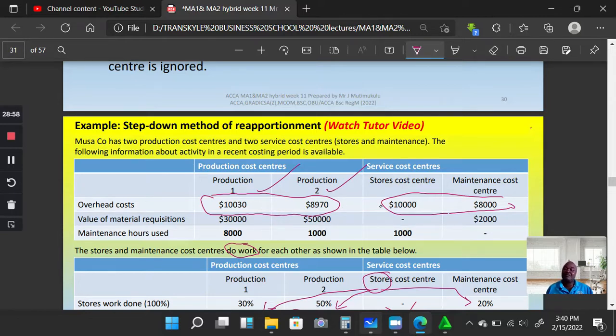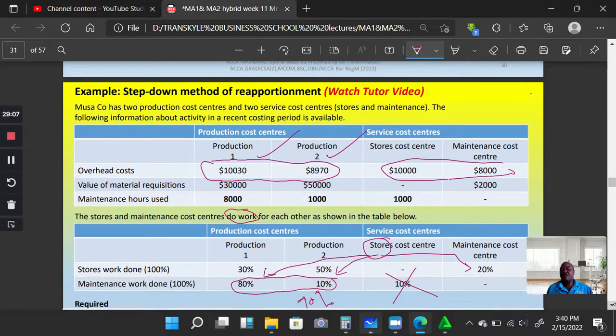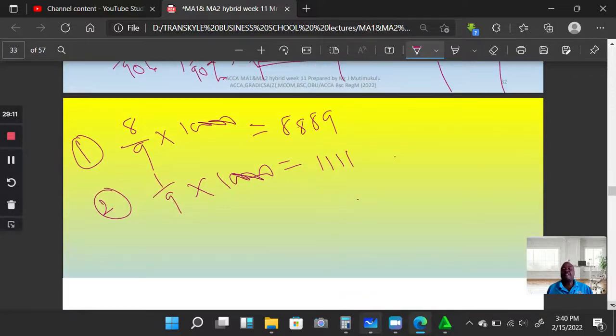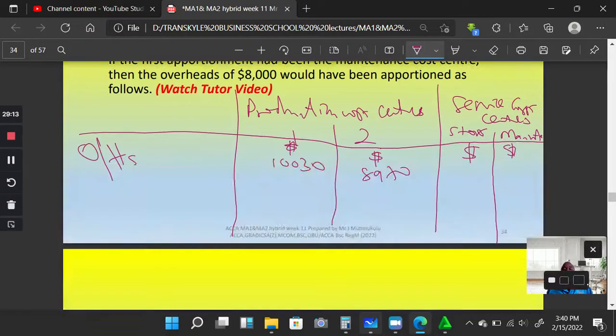These are the very important figures. The first line, these overheads, are the very important figures for our computation. Here we've got 10,000, and here that's 8,000.